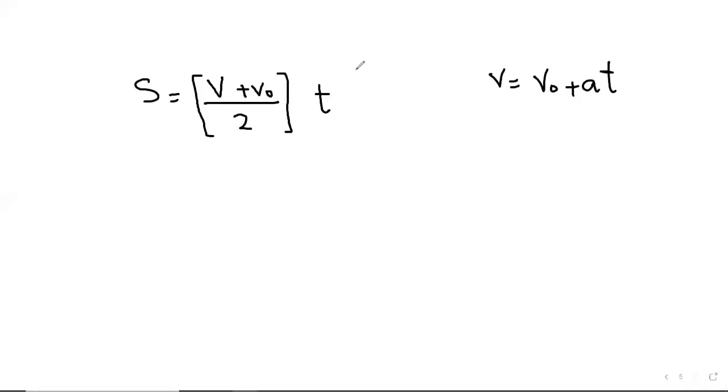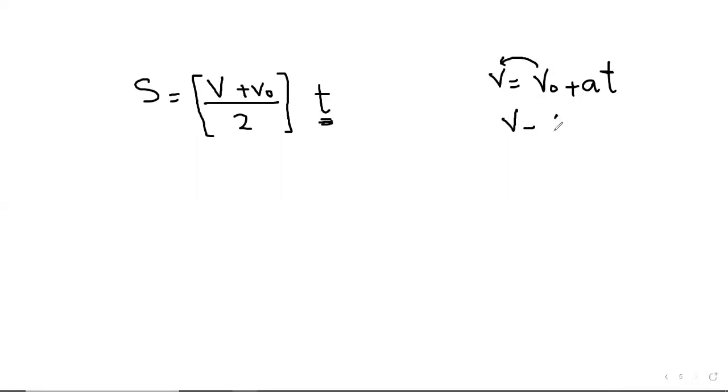You know that S, the displacement, is equal to V final plus V initial over 2, which is defined as the mean velocity, multiplied by the time taken. And we know that V final equals V initial plus AT. I want to make T the subject. So move V initial to the other side.